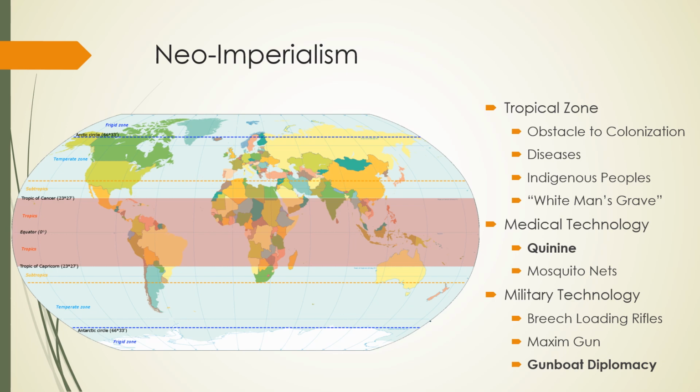Big important cities tend to be on either rivers or coastal areas. And so the Western powers are able to use this modern naval technology to force favorable trade terms with these nations. And so we call that gunboat diplomacy.